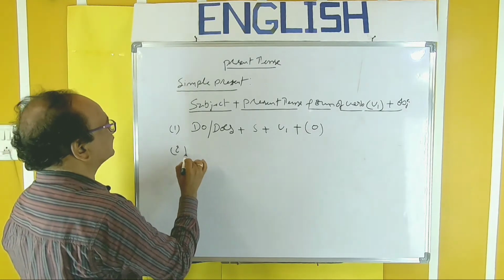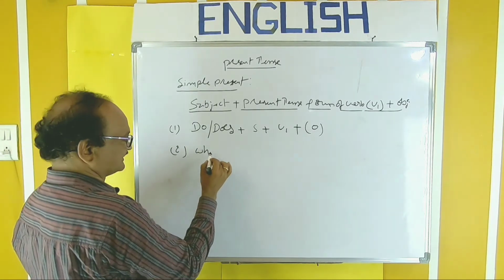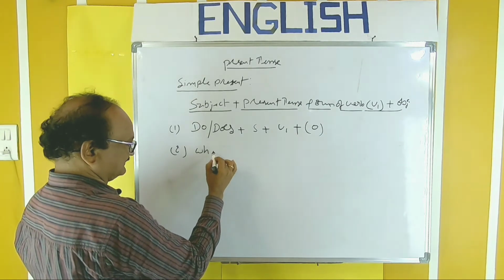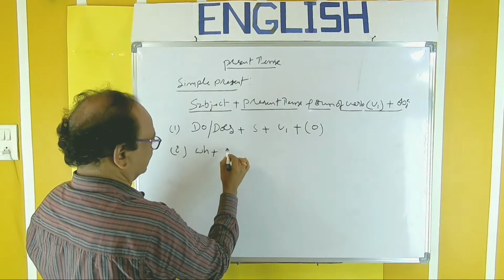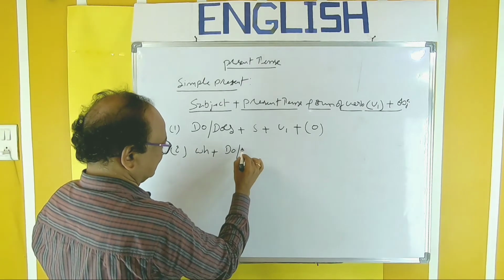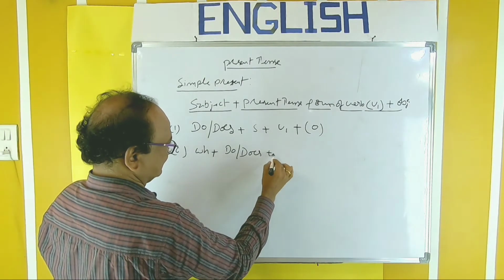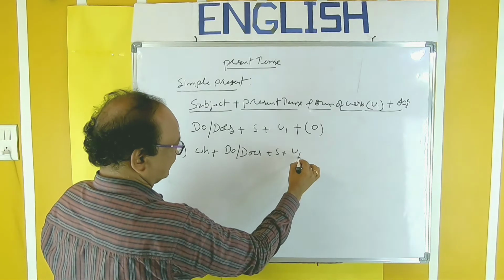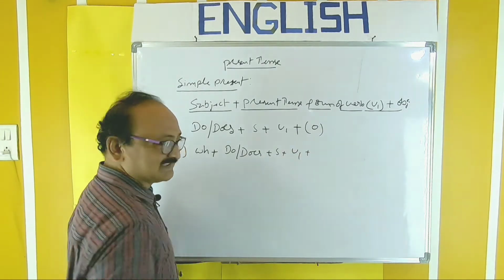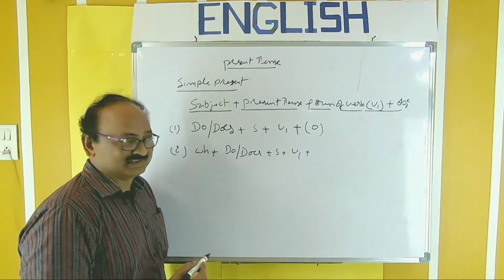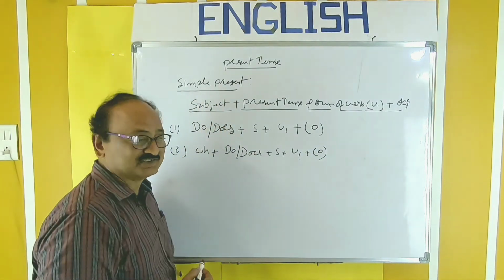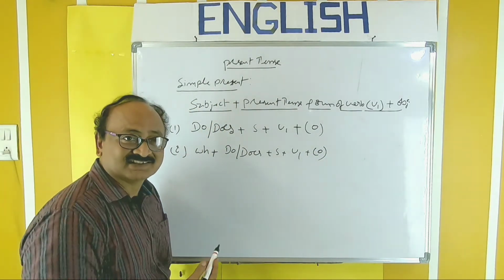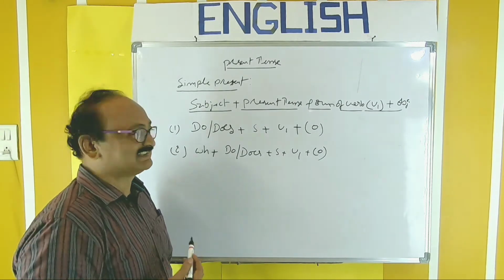So we have to use WH word plus do or does plus subject plus V1, and of course object may be there and may not be there. Sometimes the object should be removed in an interrogative sentence. Let us take examples so that you will get clarity.